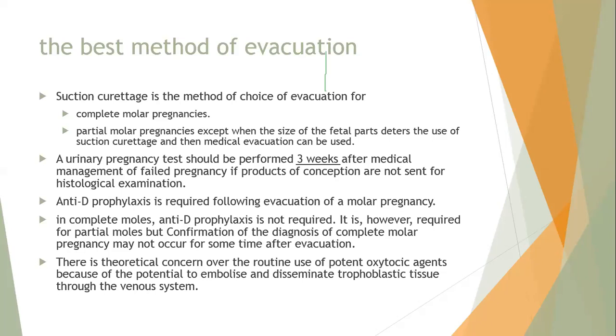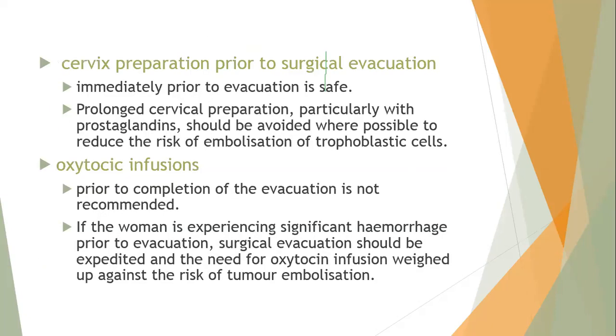The other part we will discuss again is this last paragraph. Potent oxytocin agents we cannot use because there is a theoretical risk of tumor embolization, or dissemination of the trophoblastic tissue through the venous system. How do we prepare the cervix before evacuation?